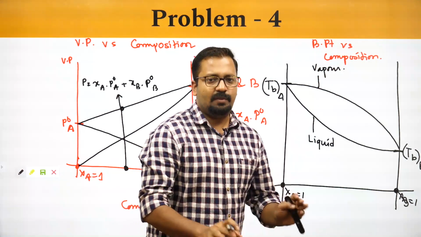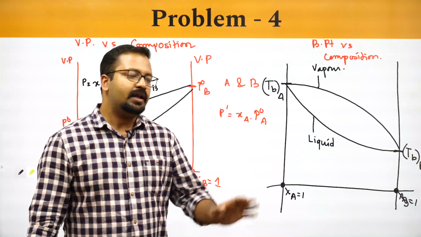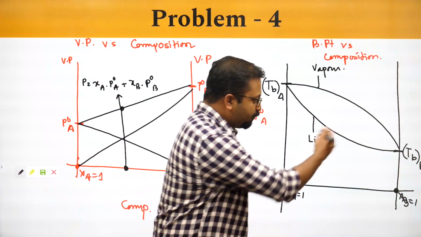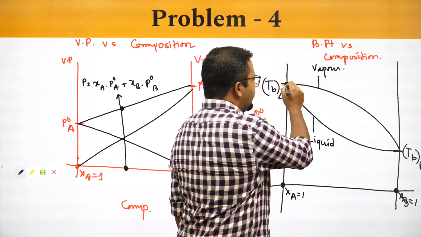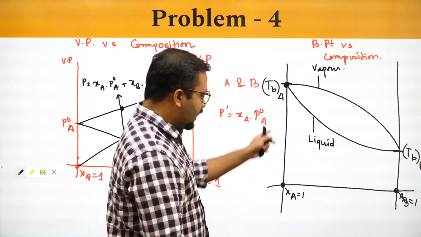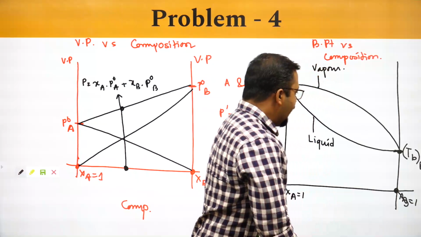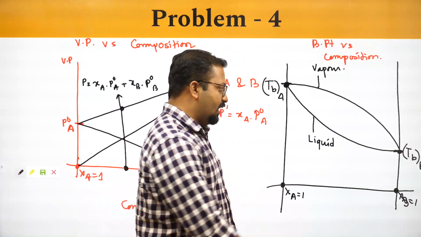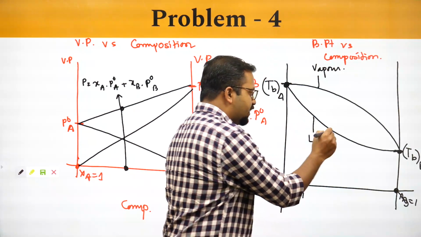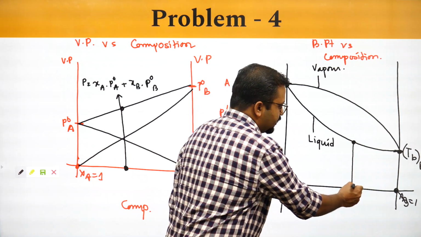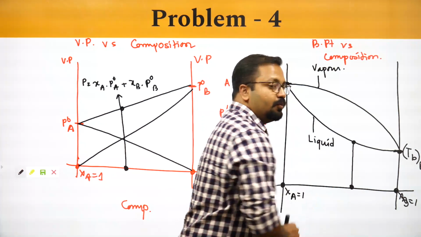We do not need to know where the reason for this comes from. There is an equation for that, but we'll have a plot like this. Okay. Now, in this plot the highest boiling point is for liquid A. The lowest boiling point is for liquid B, and all other boiling point values are obtained at different compositions. That means if I want to find the boiling point at this point, what will I say? What is the boiling point?